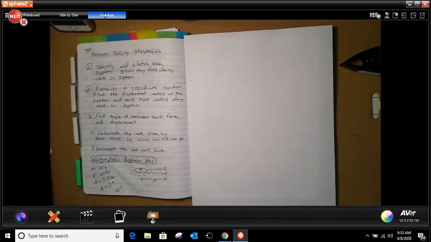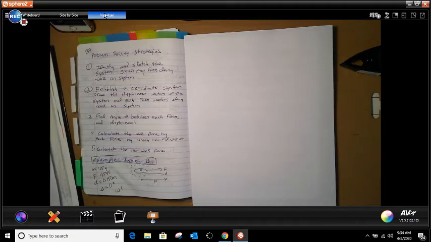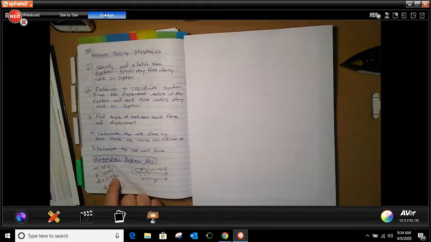Our example problem is on the next page. Let me get to my textbook and let me read to you what the problem says. It says a hockey player uses a stick to exert a constant force of 4.5 newtons on a 105 gram puck, sliding over a displacement of 0.15 meters forward.